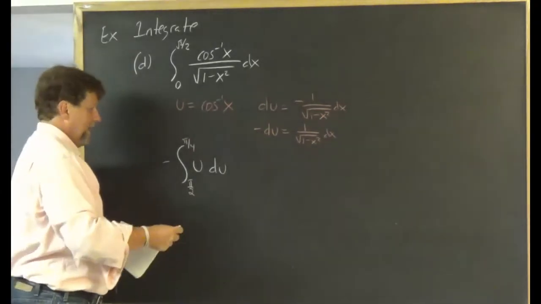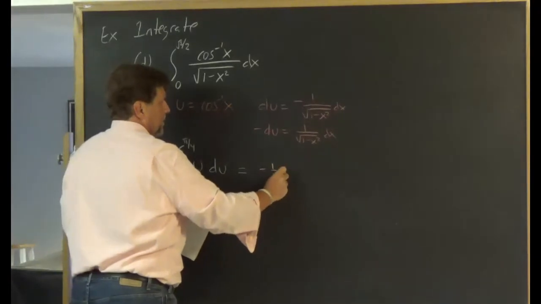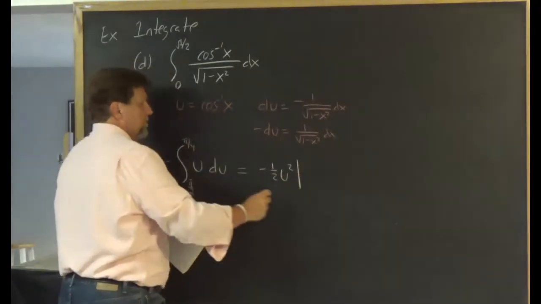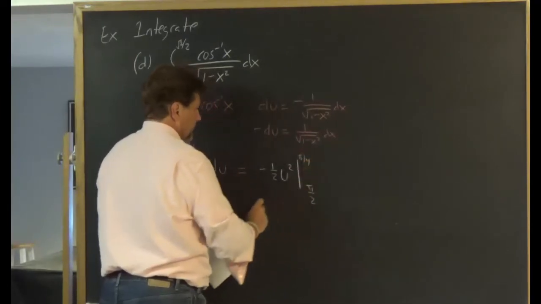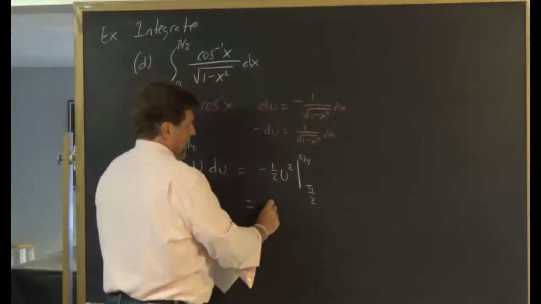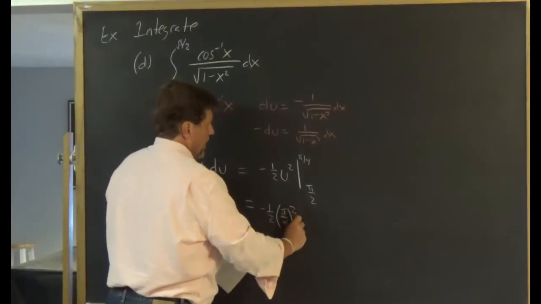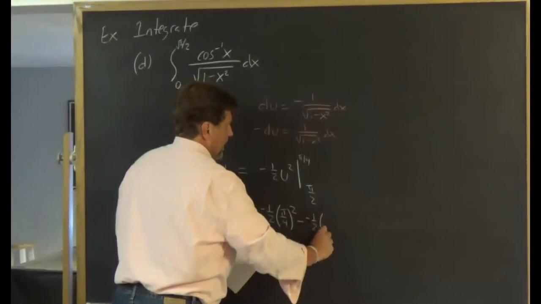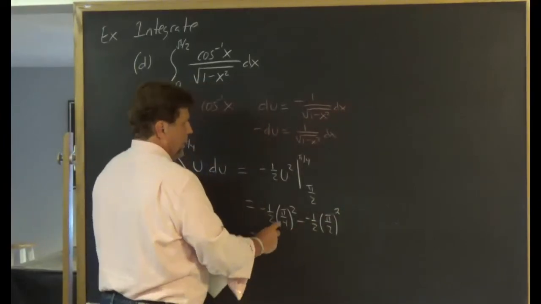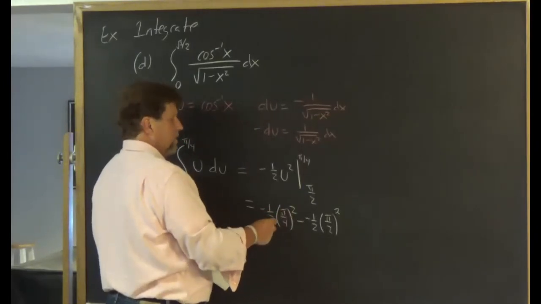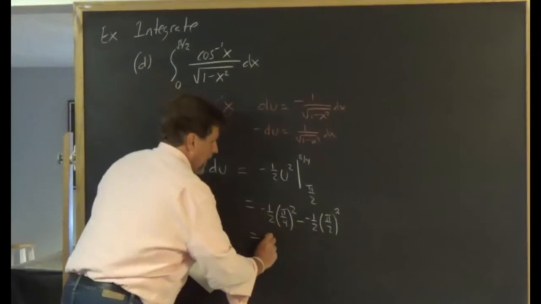So now I can get my antiderivative. Use these u limits. And what do I have? Negative 1/2 (pi over 4) squared minus negative 1/2 (pi over 2) quantity squared. So let's see, (pi over 4) squared is pi squared over 16 times negative 1/2.